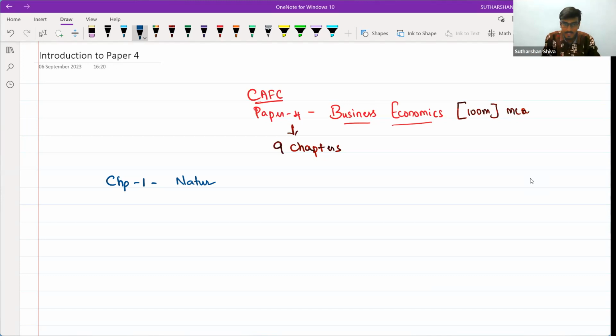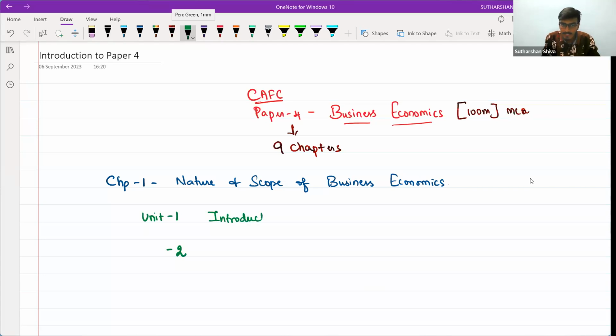In this business economics chapter we have 2 units, unit 1 and unit 2. In unit 1, a basic introduction about what economics is and how economics functions.